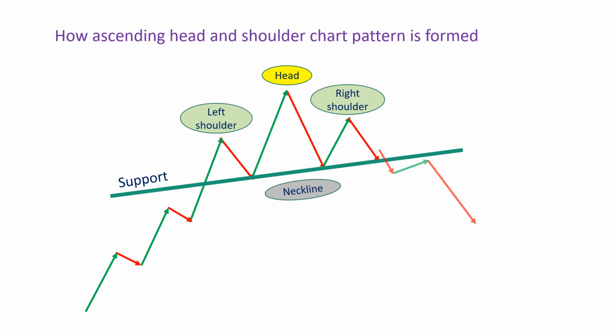Sometimes the price breaks the neckline, then retests the neckline, and afterward continues going lower. Next, I'm going to show you a real example using ascending head and shoulder to clarify the trading strategy.